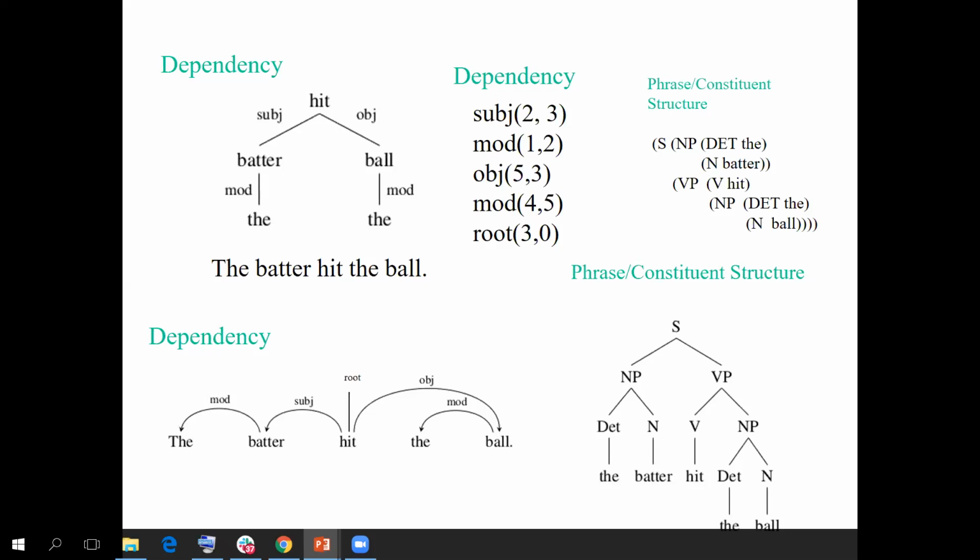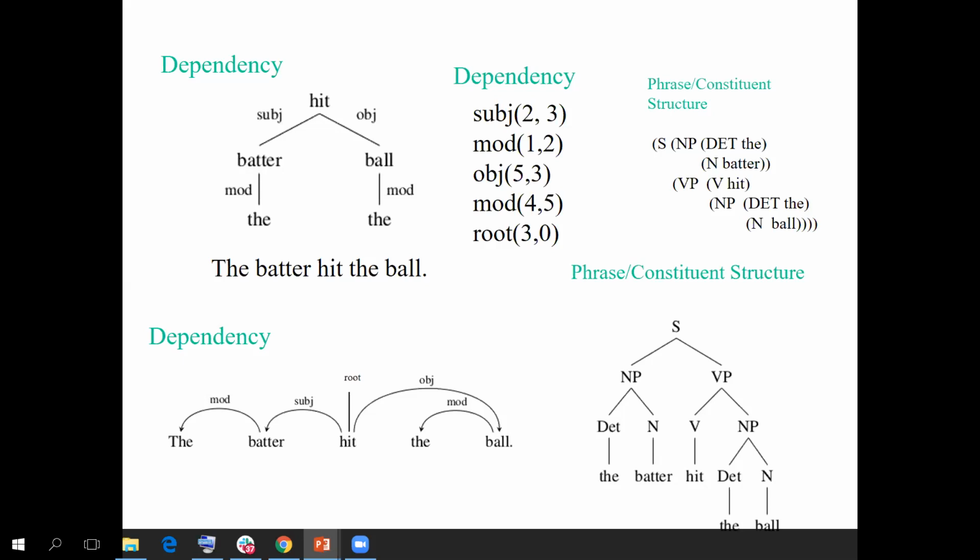The dependency parses represent the sentence in a different way. So if you look at the top left, you see that the main word of the sentence is hit. And it has 2 dependents, batter and ball. And the edges that connect hit to batter and hit to ball have labels on them.